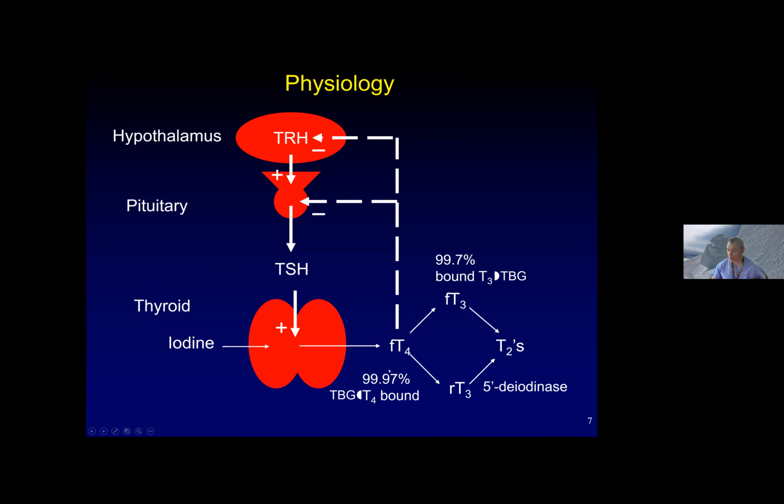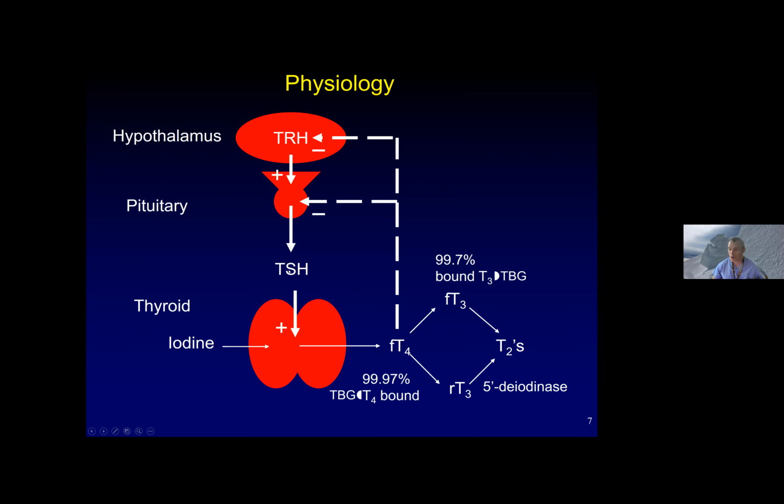Usually the two that we're more commonly interested in is free T4, number one, and free T3. For the majority of patients, free T4 and TSH are sufficient. In fact, for screening purposes, and unless you suspect that somebody has a central problem, meaning a problem in the pituitary or the hypothalamus, we usually only screen with a TSH test.